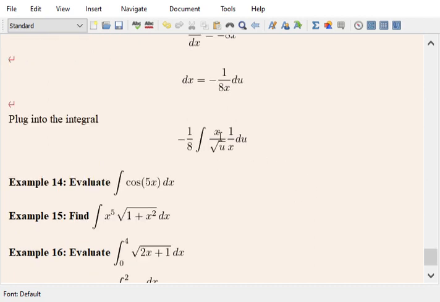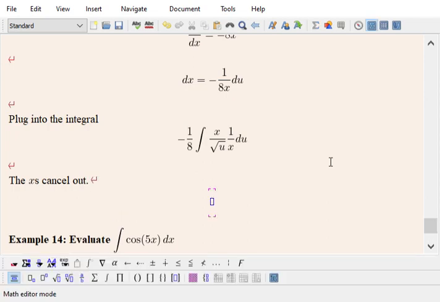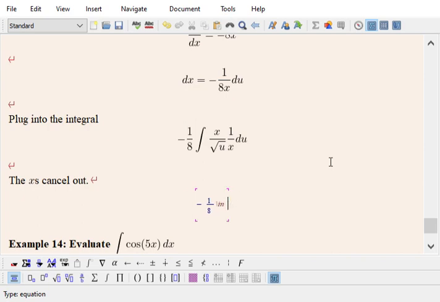So these x's cancel out, and we are left once again with an integral that has only u's in it, which is exactly what we want. So we are left with integral of 1 over square root u.